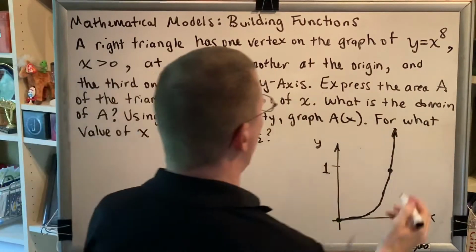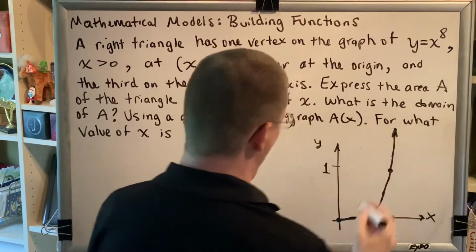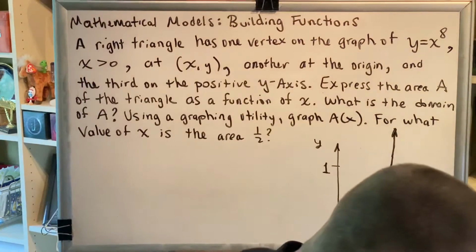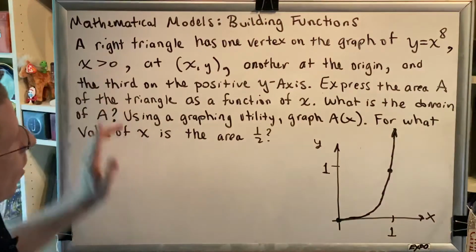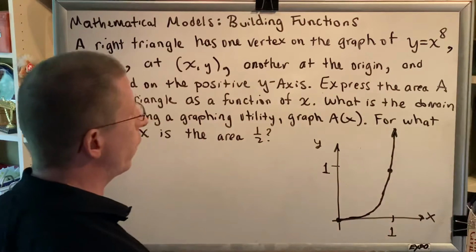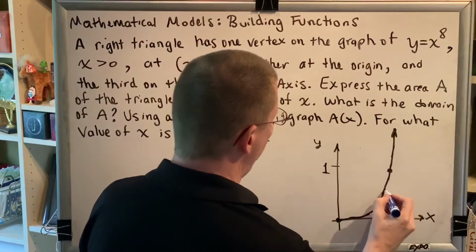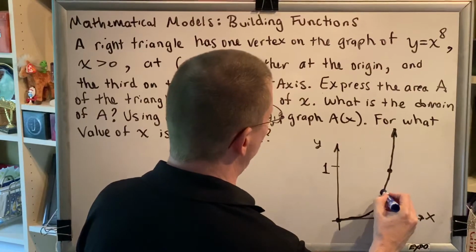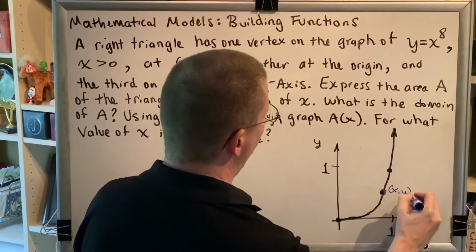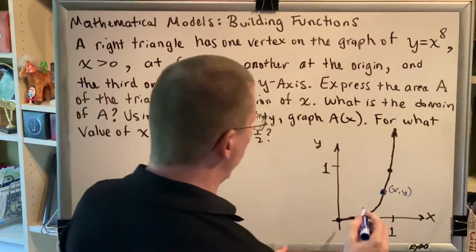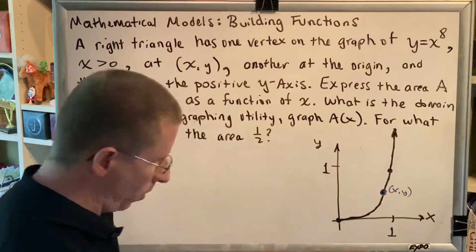And the point x comma y can be anywhere on here, as long as x is greater than 0, so that means it has to be in the first quadrant. So for example, I can pick this point right here as the point on my function, and then I'm going to make a triangle based on that particular location.